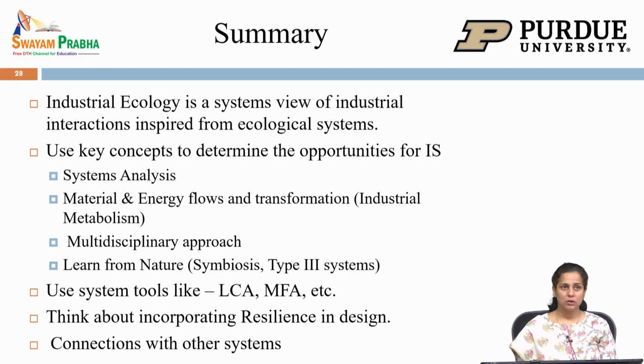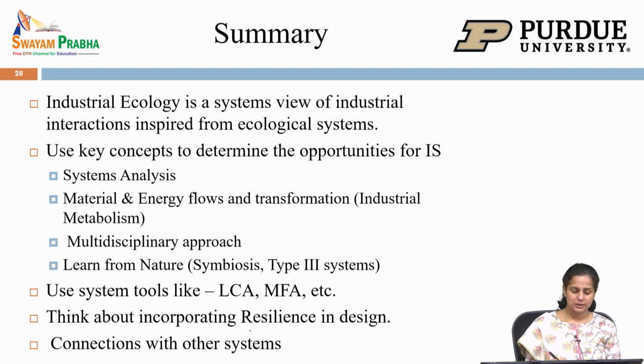We use the key concept for determining the opportunities for IS or the industrial symbiosis, which is systems analysis, material and energy flows, multidisciplinary approach, and then we are thinking about going towards the type 3 system, which is a completely closed system. We have learned the industrial ecology tools like life cycle analysis and material flow analysis, which we can use to identify these synergies, and if at the life cycle scale some synergy does not make sense, then it would not be the ideal option.